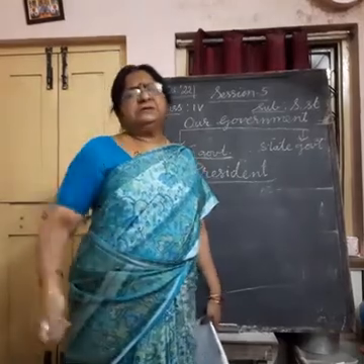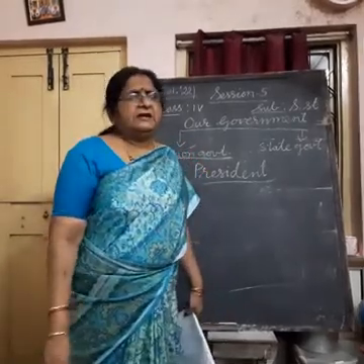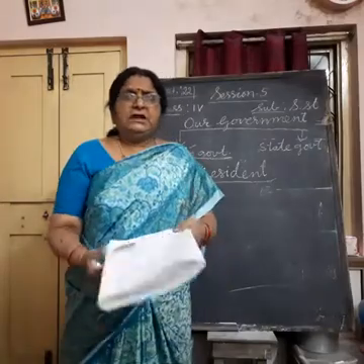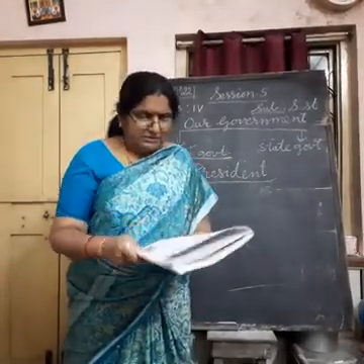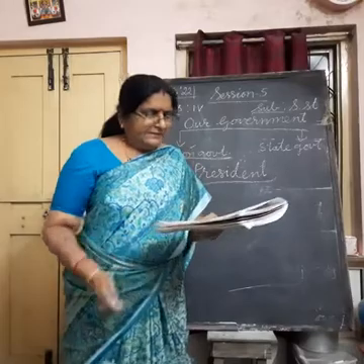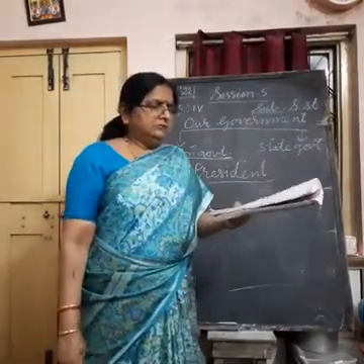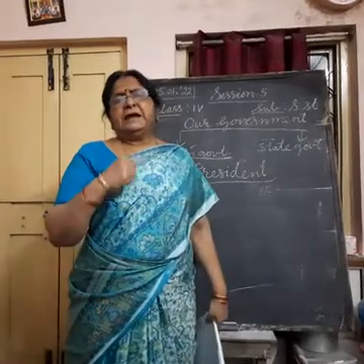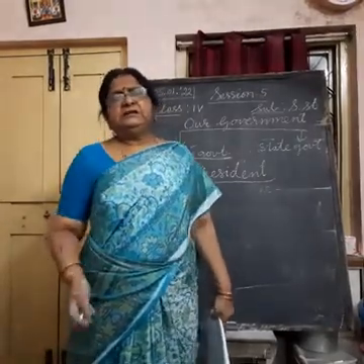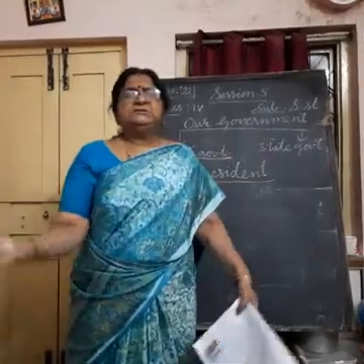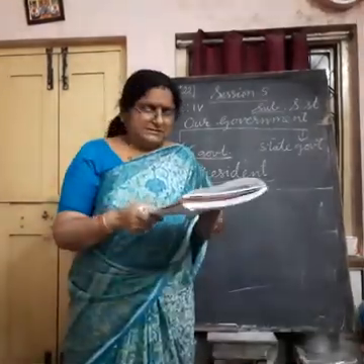So many ministers are appointed by the president on the advice of the Prime Minister. The Prime Minister and other ministers together form the Union Council of Ministers. Council means group of ministers.